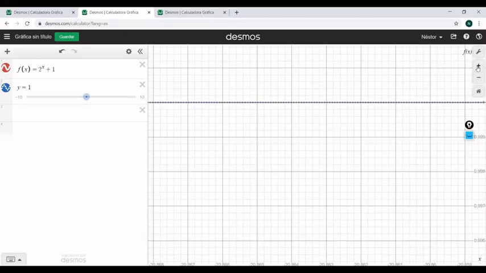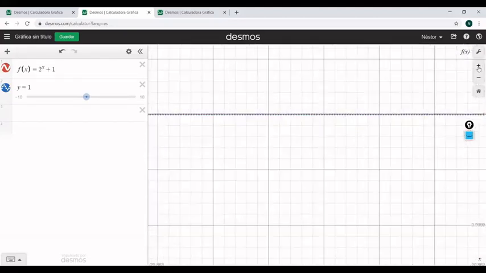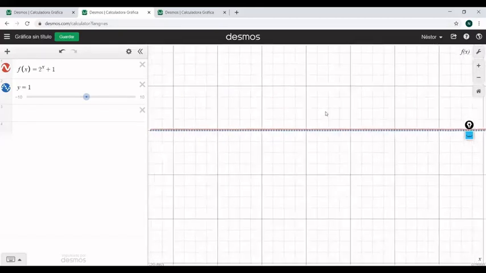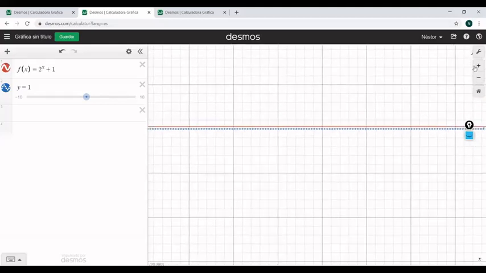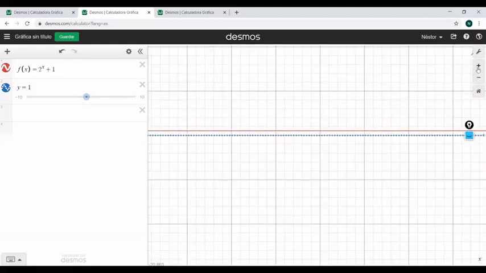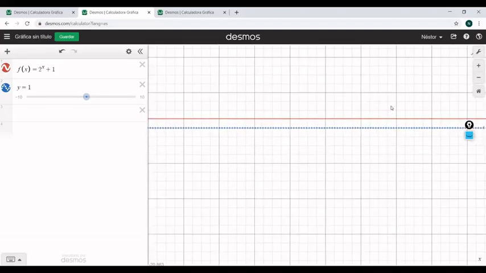At this point, the values between the red graph and the blue line are so close. Okay, there it is. Can you see it? The difference is so tiny that I had to zoom in a lot in order for the difference to appear. Look at the difference, guys. Right now we are at x equals minus 20, and the software is telling me that the value of f of x is 1. That is wrong.